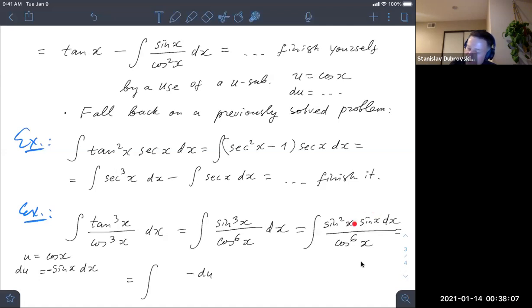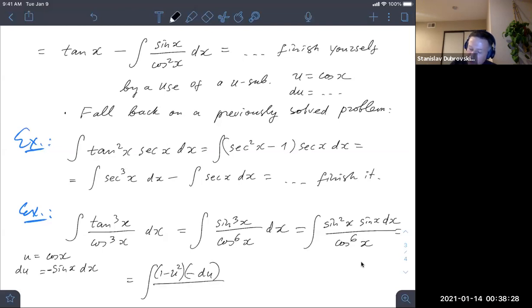So then what do we make of sine squared? Of course, 1 minus cosine squared. That is 1 minus u squared.